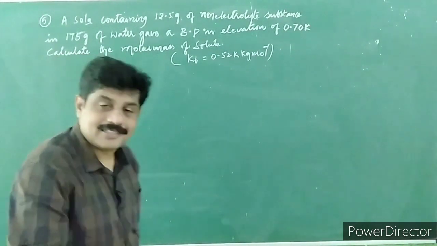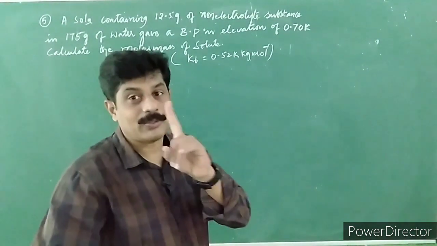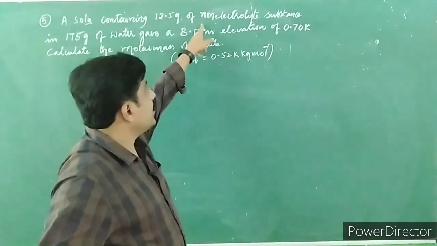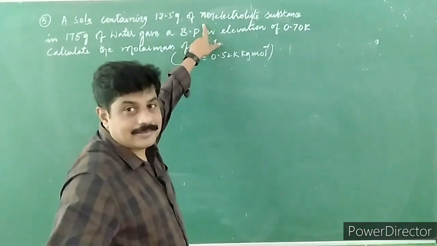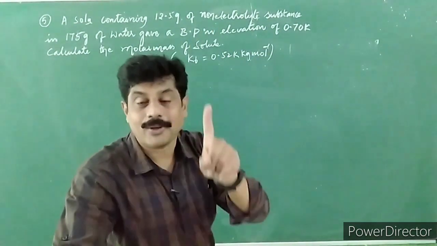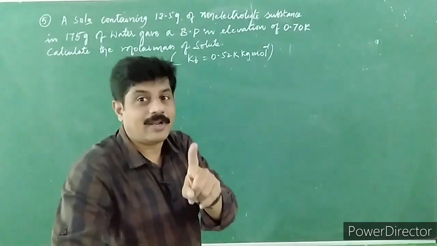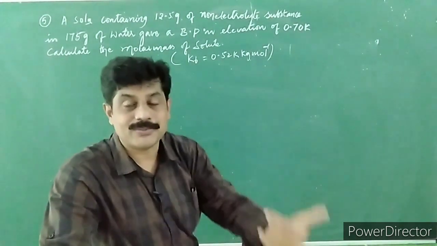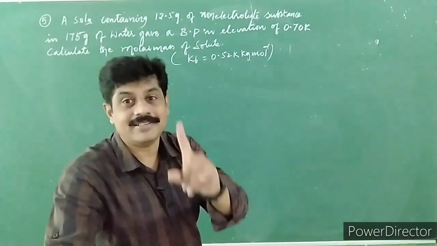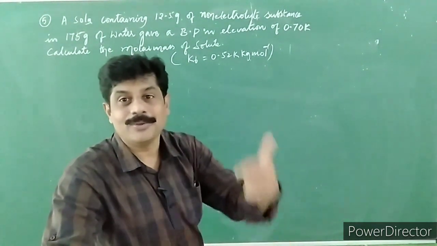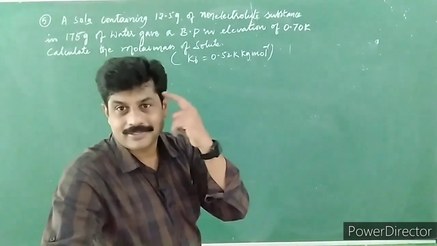Children, they have given one clue here. What is that? Non-electrolyte substance. That means it is not an electrolyte. If it is not an electrolyte, it will not undergo dissociation in the solution. That means the Van 't Hoff factor does not play any role in this numerical. Keep it in your mind.